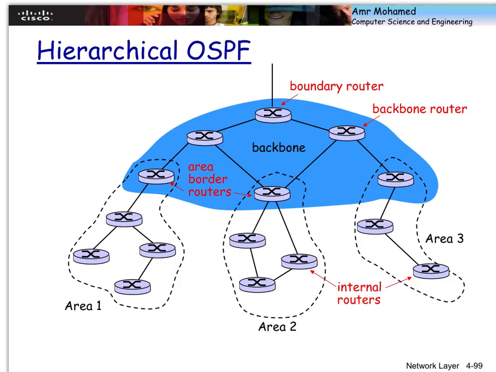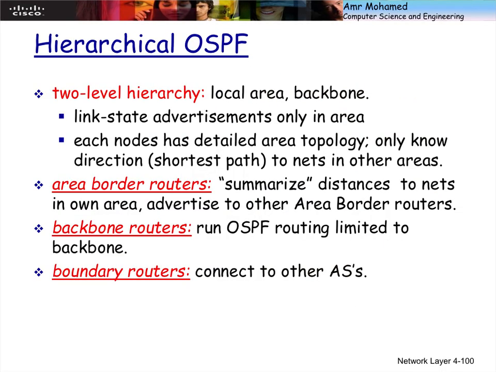Any questions? So this is the definition of each of these. We have the area border routers, which summarize the distance. The area border routers will summarize, of course, within each autonomous system, like Ooredoo or Vodafone or any autonomous system, will have a range of IPs. Remember that we have a range of IPs. So from one autonomous system to another, this range of IPs can be summarized.